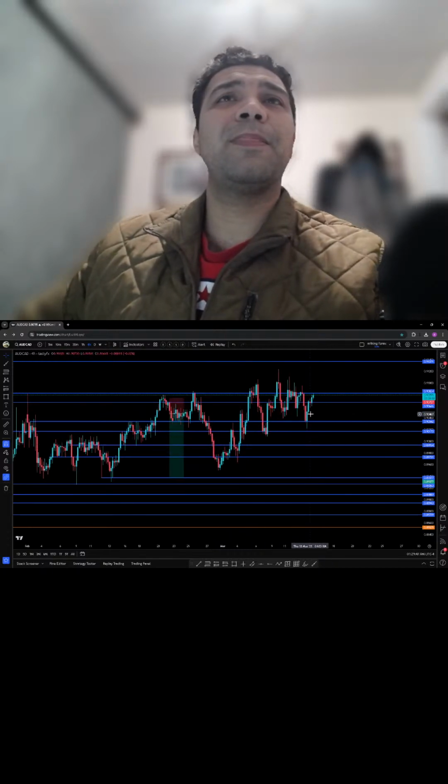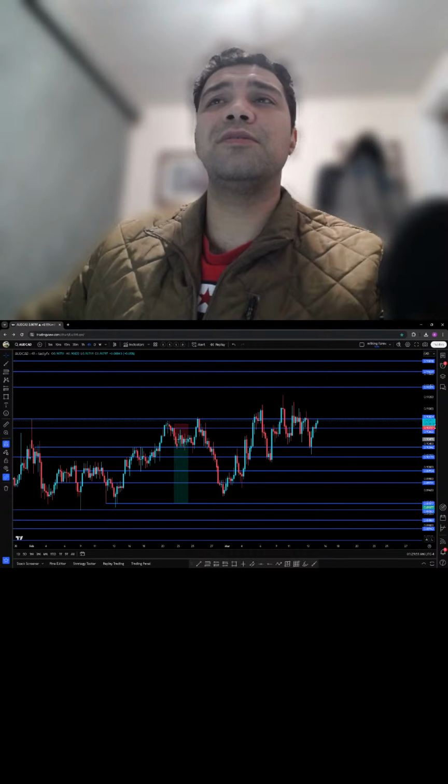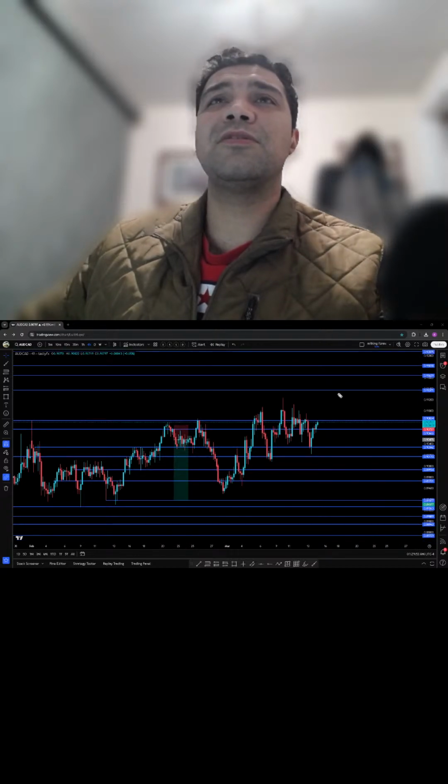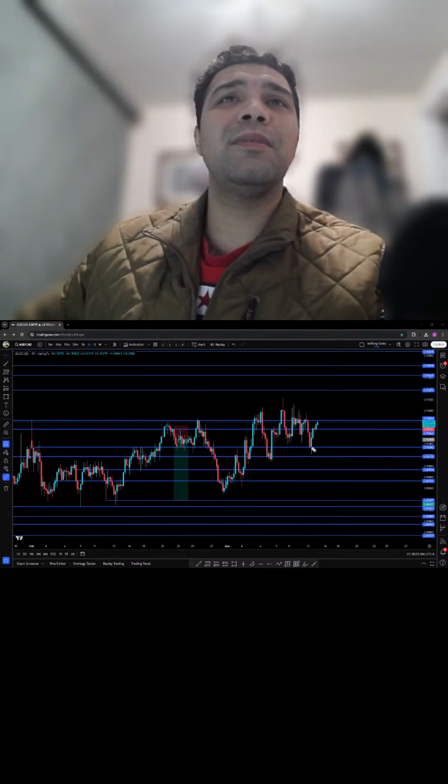Then we can see that the Canadian dollar is getting a little bit of weakness against the Australian dollar, because there is much trade done between Australia and Canada. So it's just a correlation between them as well. We can see right here that the Australian dollar showed a good amount of weakness each time the prices reached this level.